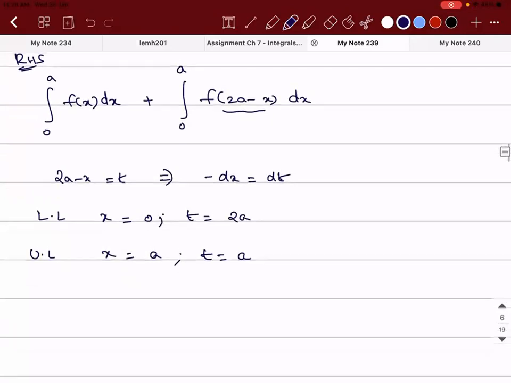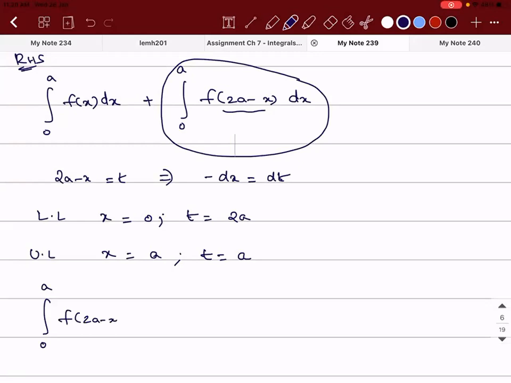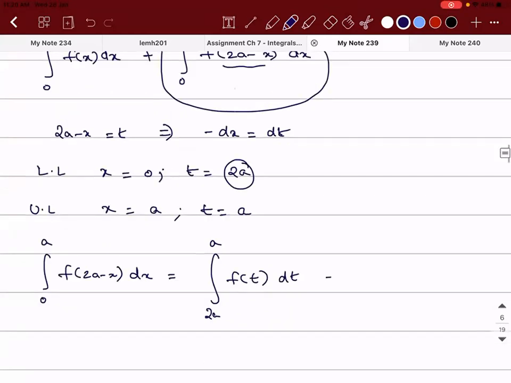Right. So what will happen to this integral? Integral of 0 to a f of 2a minus x times dx will be equal to integral of 2a to a, it becomes f of t dt. Right. So can I write it as integral of a to 2a f of t dt with a negative sign?